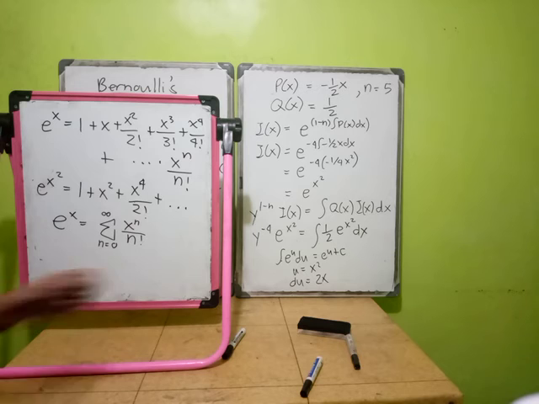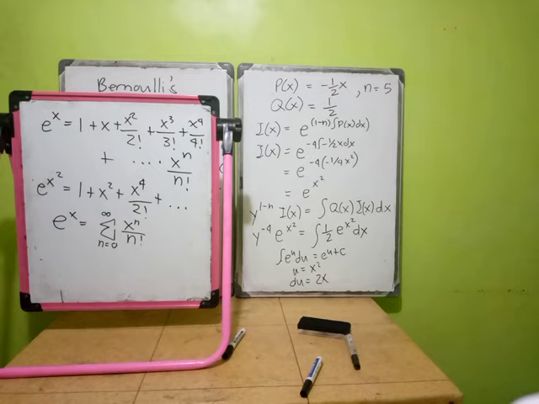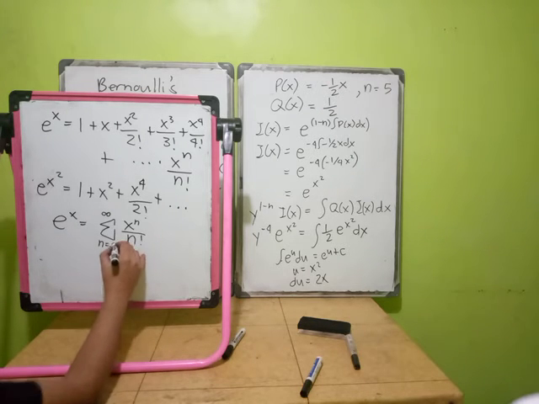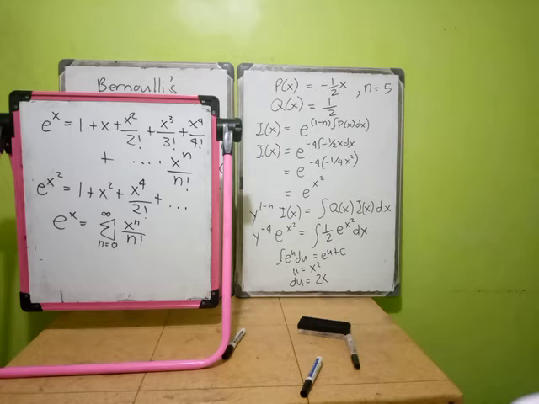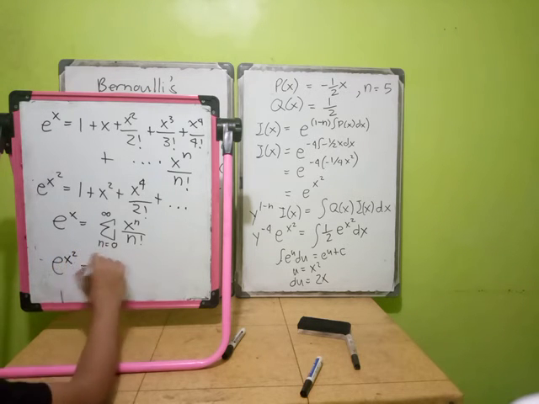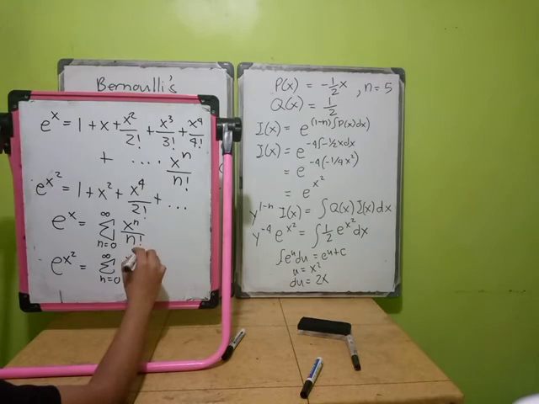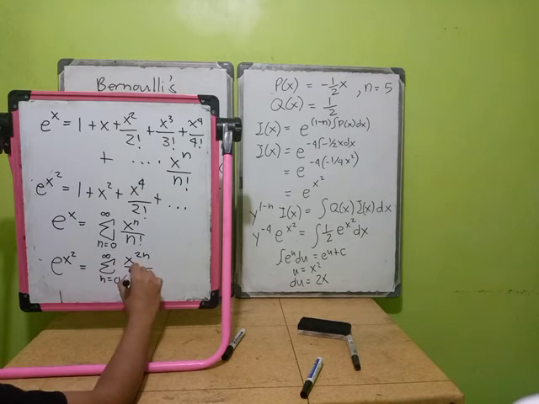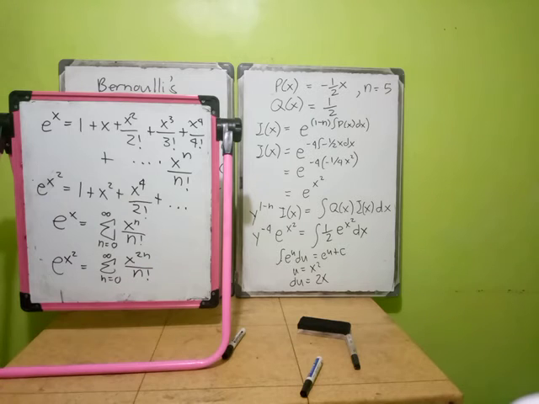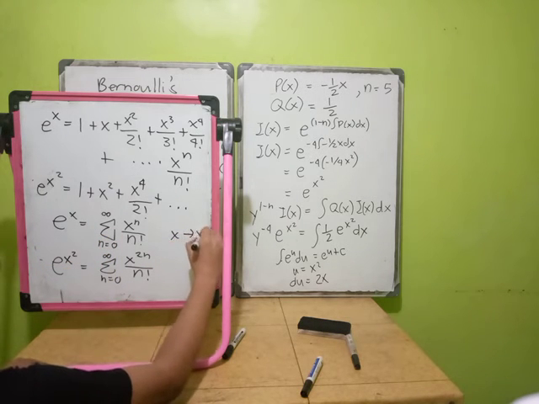Ganito yung infinite series natin. Therefore, si e to the power of x squared, lagay mo lang diyan, x to the power of 2n over n factorial, kasi ni-replace mo, instead na x, magiging x squared.